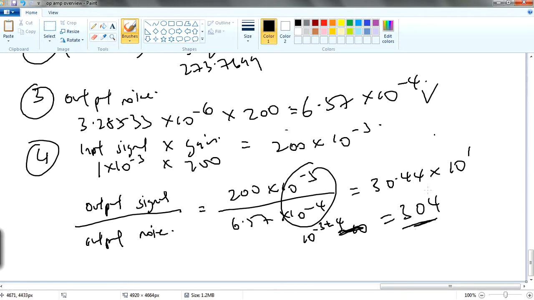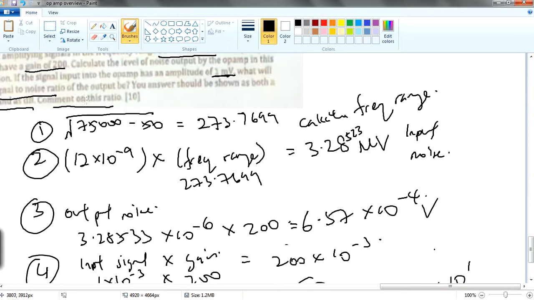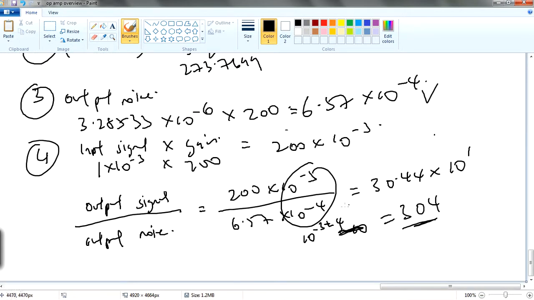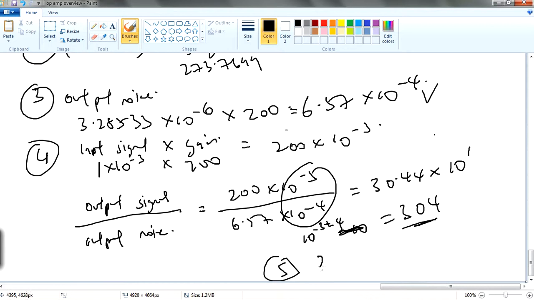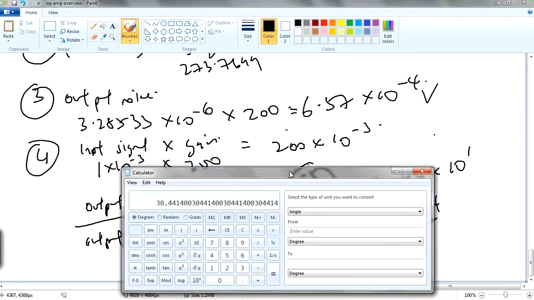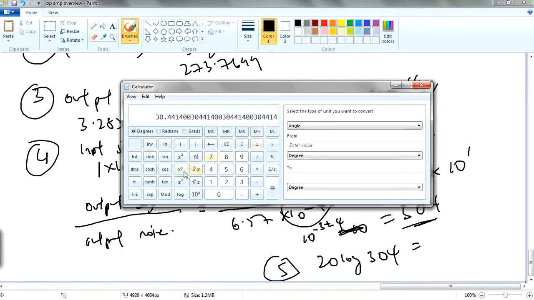This is the ratio. So they say that you have to transform it into decibels, right? In order to transform to decibels, what I'm going to do is 20 log 304. So 20 log 304, what do I have? I have 304 first.